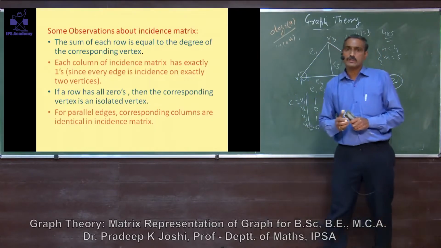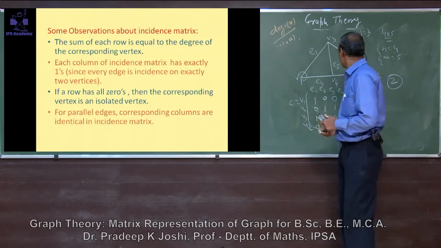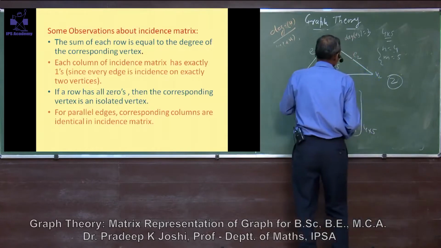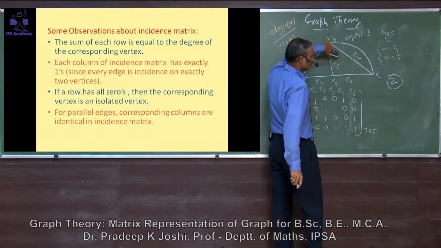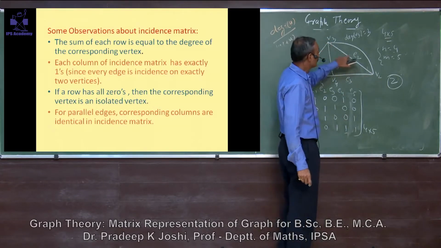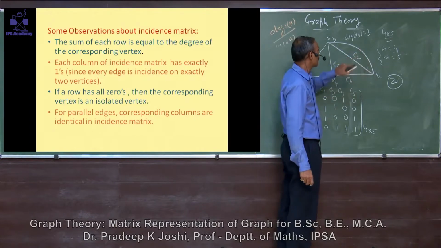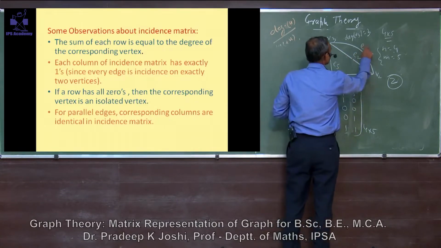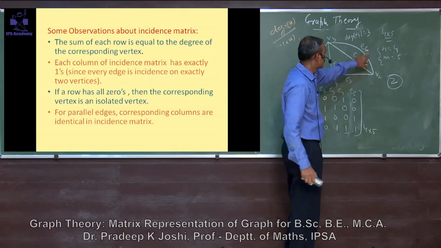For parallel edges, the corresponding columns are identical in the incidence matrix. Suppose we take one example here. Suppose V1 and V3 also have parallel edges, meaning the two edges have the same initial vertex and terminal vertex. Then the edges are known as parallel edges. So we define another edge E6.